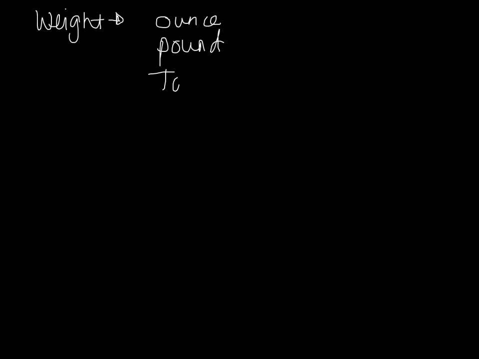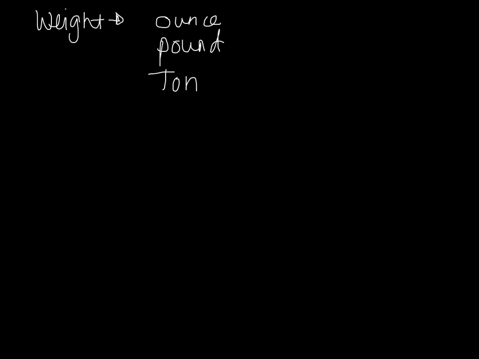Okay, so the other kind we have is weight. And the different kinds of units we use for weight are ounce. Like when a baby is born, there are 9 pounds, 2 ounces. Then we have pound. Then we have a ton.